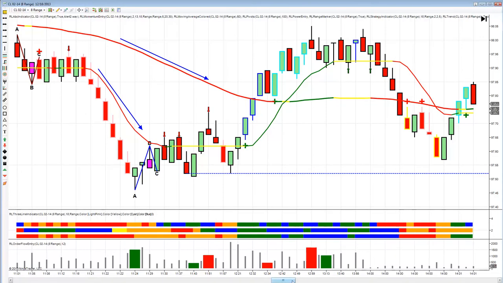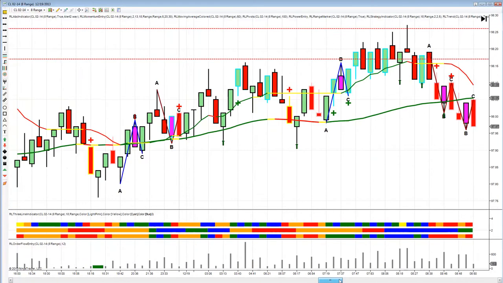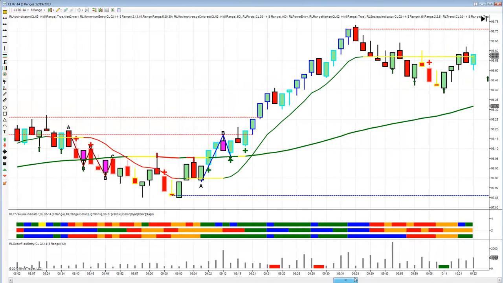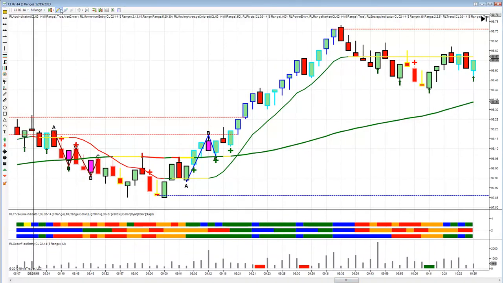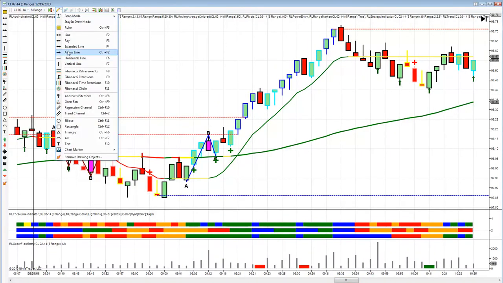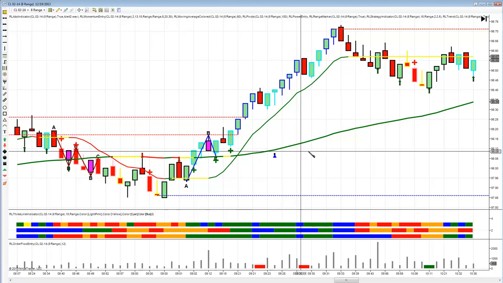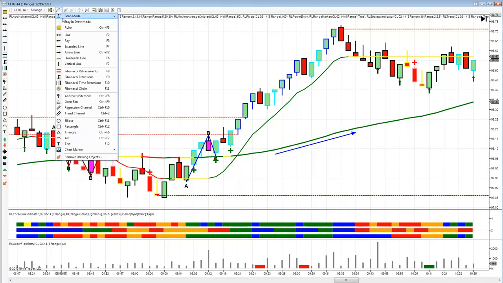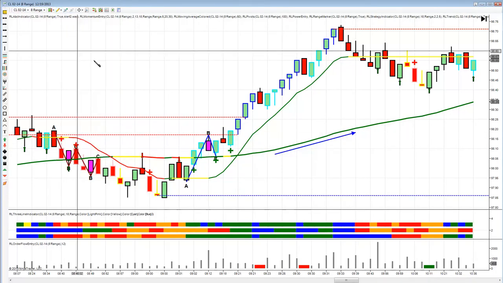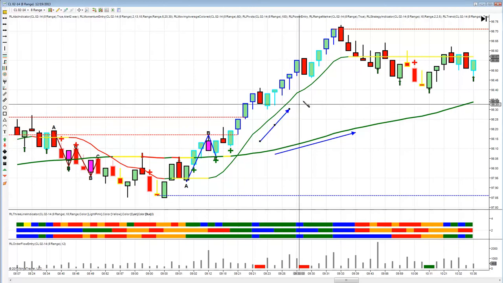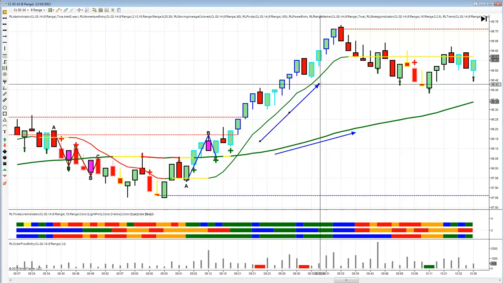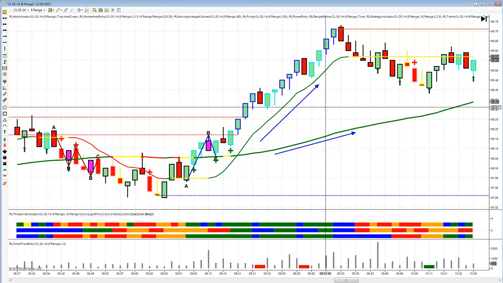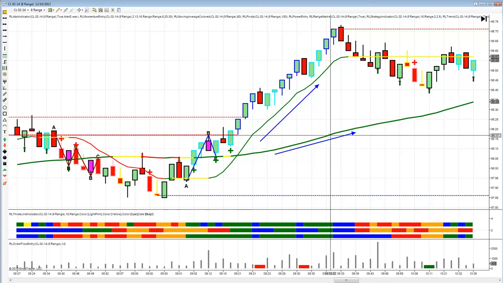Same thing with the long trade. When we take a long trend trade, we want the direction of the 50 and the direction of the 15 to be moving to the upside.